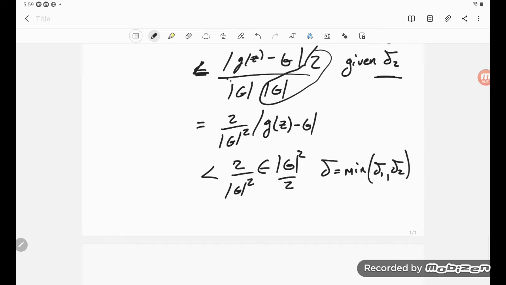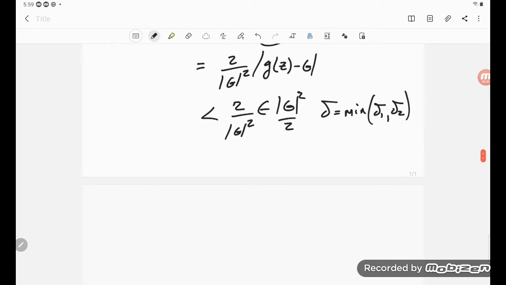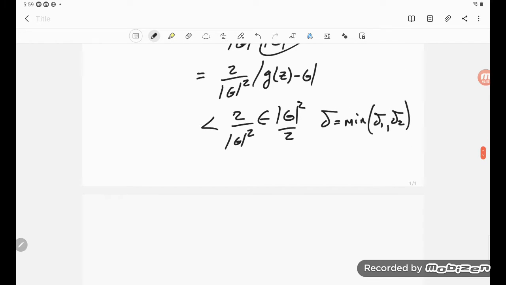So I don't know what that is, but you see it's all in theory anyway. And so those cancel out and I get my pretty epsilon.